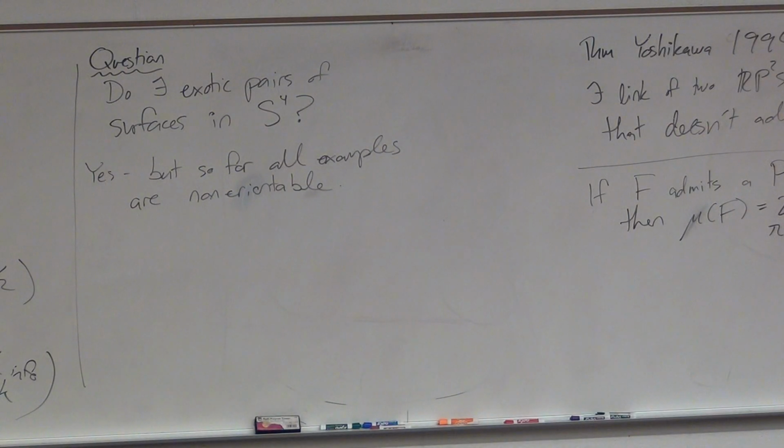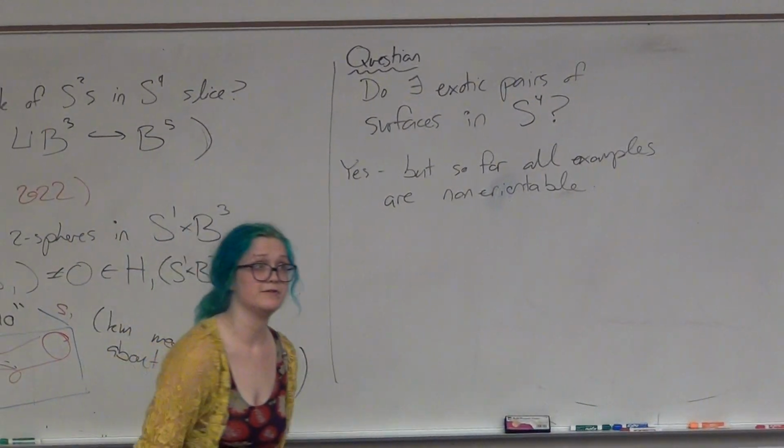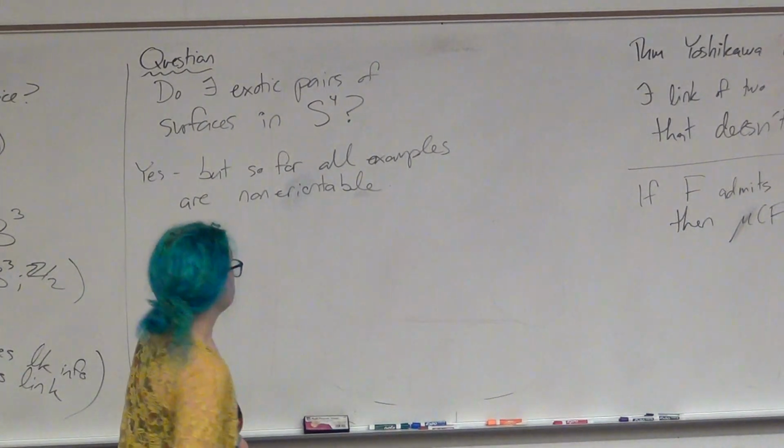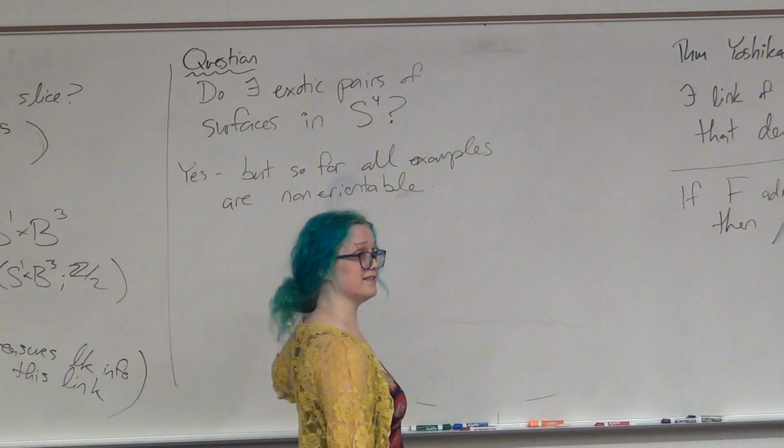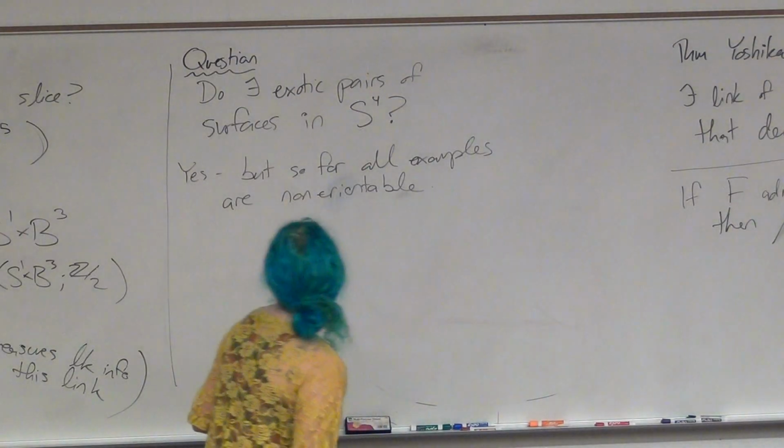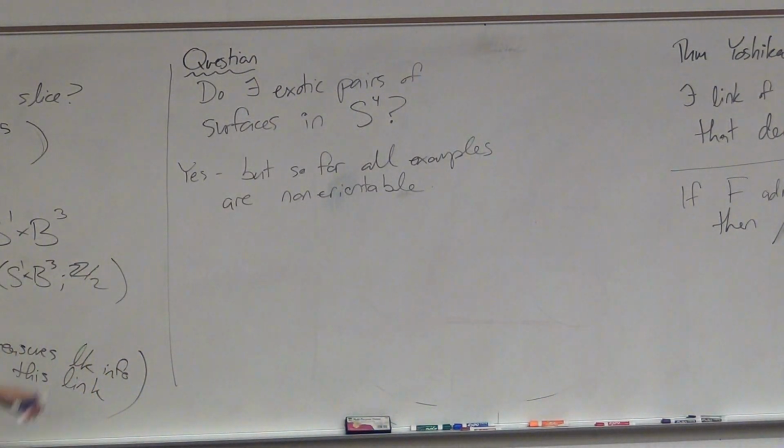So we still don't know if there exist exotic pairs of orientable surfaces in S4. And if you had an example of two oriented surfaces, even like genus 100, it doesn't matter, that would be a big deal. I don't have any idea how to deal with the orientedness, but I want to tell you about these non-orientable examples.